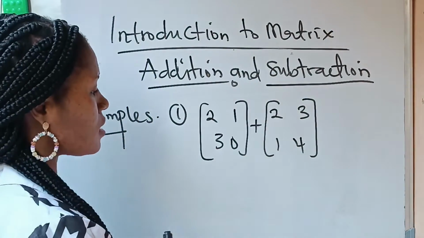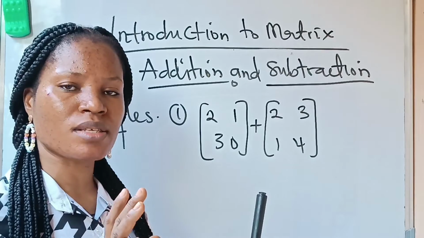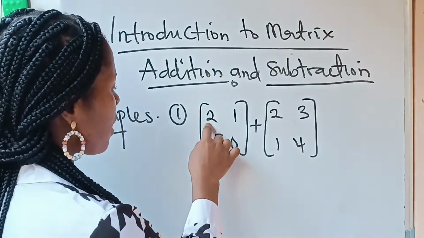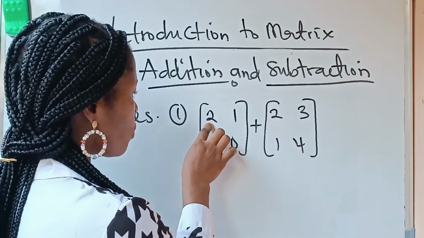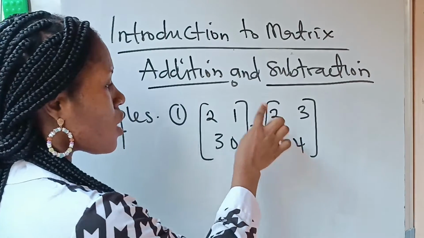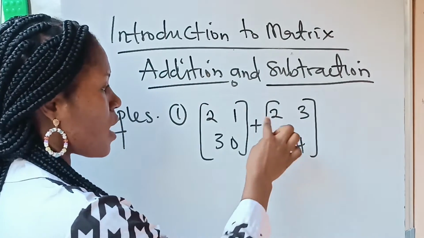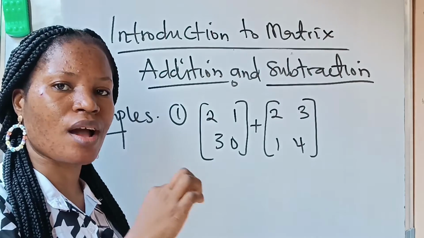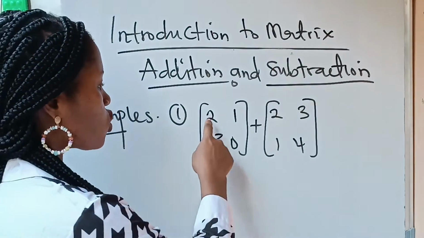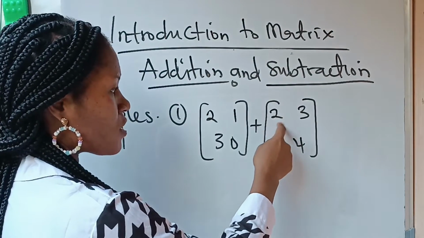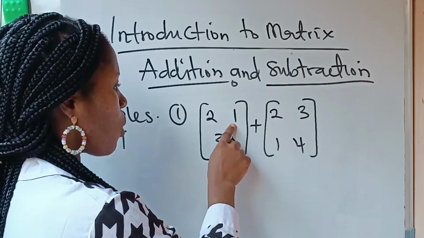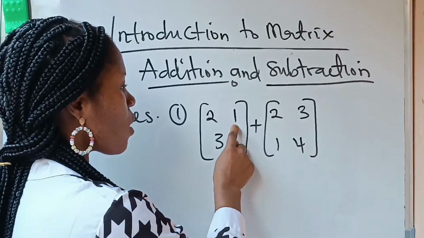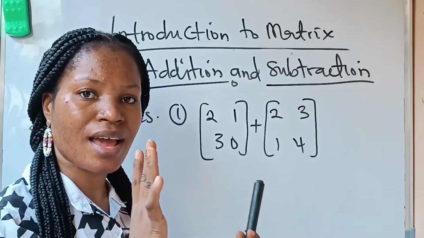When you have something like this, look at corresponding elements. What do I mean by that? If you look at these two elements, 2 corresponds to 2. It means that 2 and 2 occupy the same position in their respective matrices. So 2 is the first number here, and 2 is also the first number there. 1 is the second number, 3 is the second number, so 1 and 3 are corresponding elements.